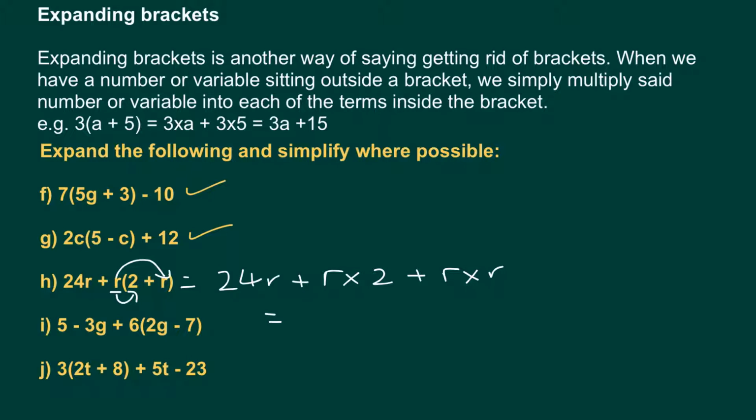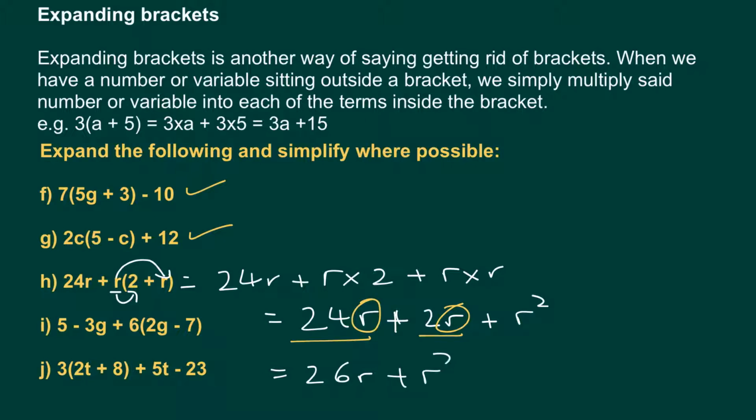This then gives us 24r plus r times 2, which is simply 2r, then plus r times r, which is r squared. Now we know that 24r and 2r are like terms because they have the very same variables in both terms. So because they're like terms, we can simply add them. So 24r plus 2r gives us 26r, and then we have r squared sitting on its own. So the simplified version of this is 26r plus r squared.